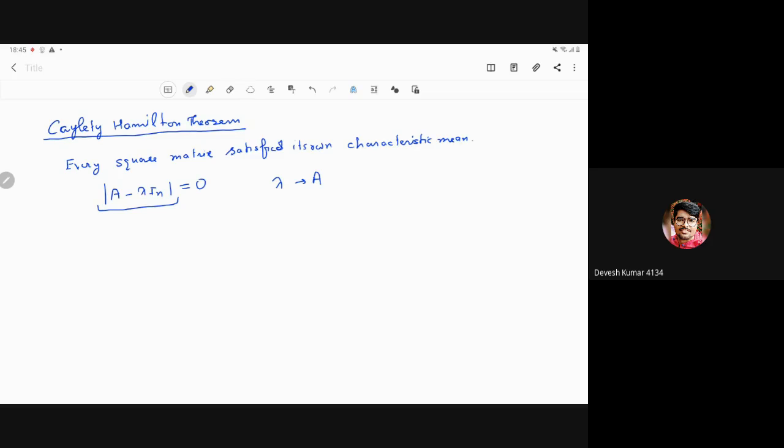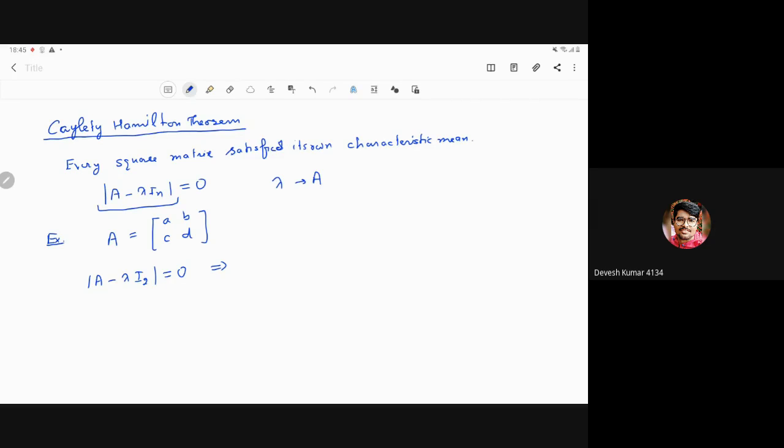Let us verify it, or prove it, for a 2 cross 2 matrix. Consider a general 2 cross 2 matrix, say A equal to [a, b; c, d]. So first find the characteristic equation for it, meaning determinant of A minus lambda I2 equal to 0.